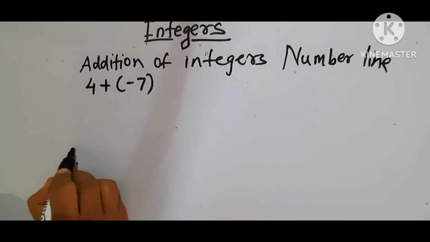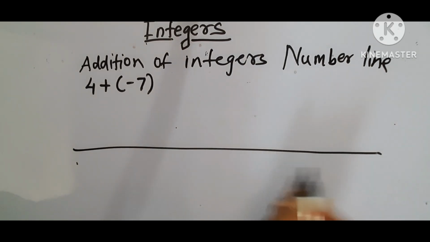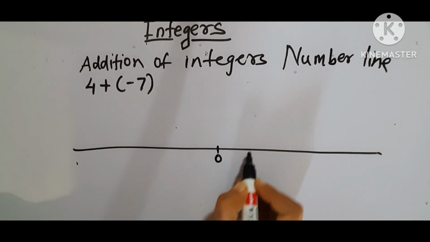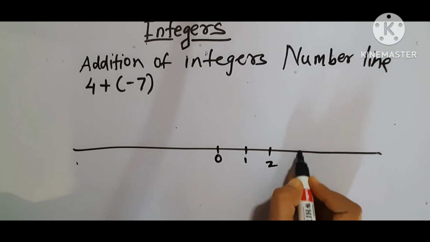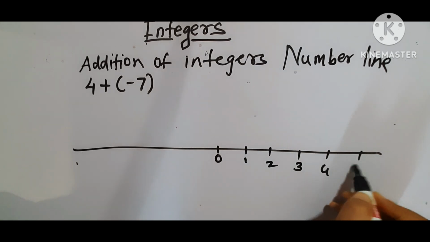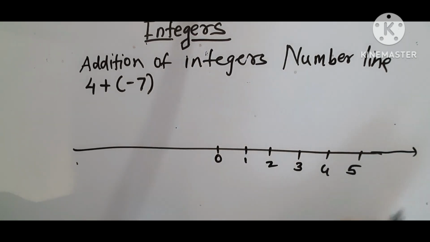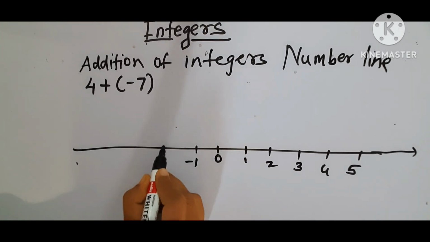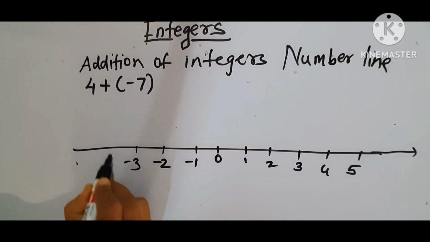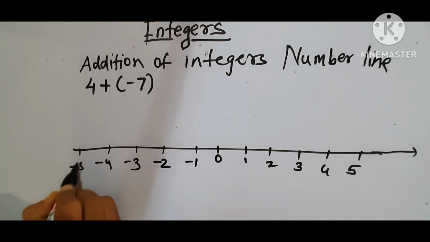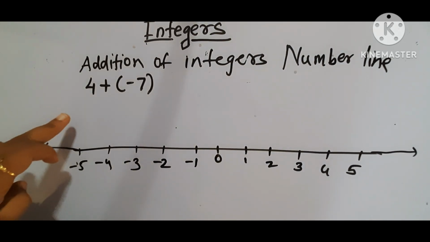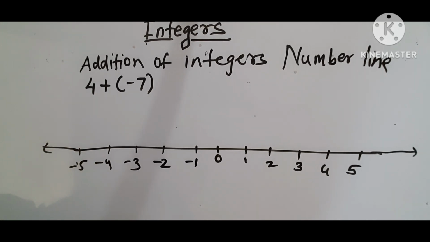This is our number line. We have 0, 1, 2, 3, 4, 5 and so on. -1, -2, -3 and so on. Okay, what do we have to do? We have to add 4 plus -7.